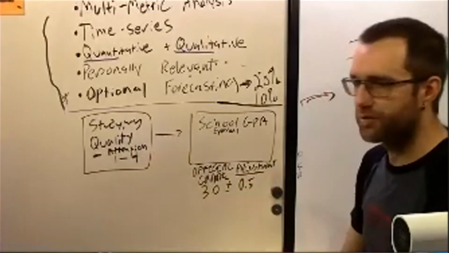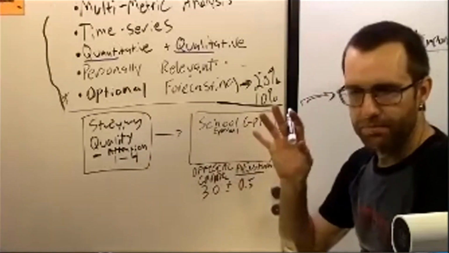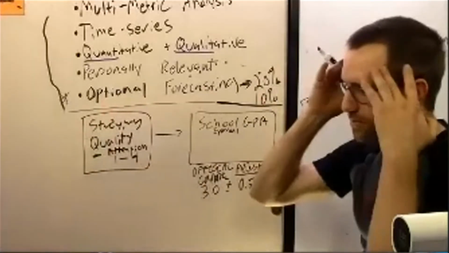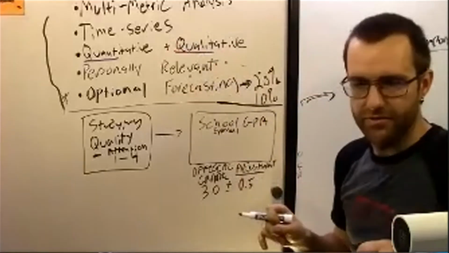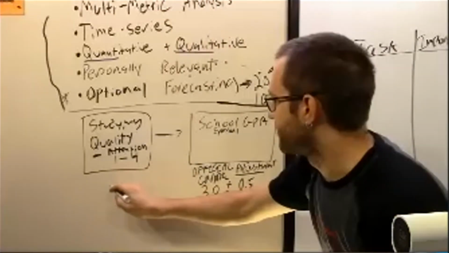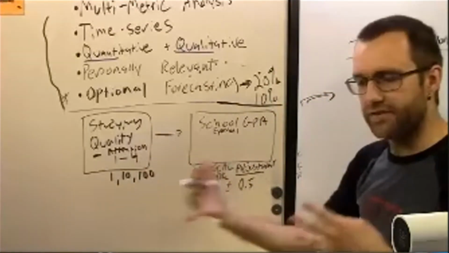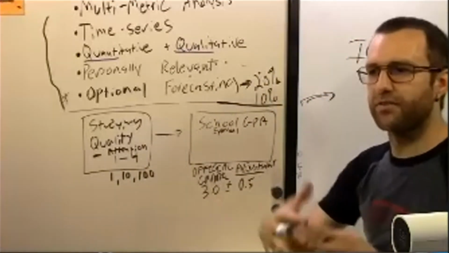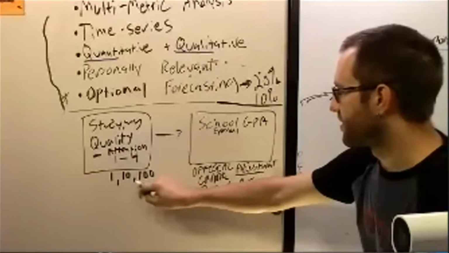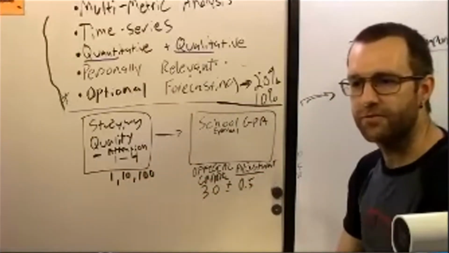If you feel like your range of attention goes from completely unable to keep your mind on something all the way to some sort of Csikszentmihalyi flow-like transcendent state, maybe it goes in factors of 1, 10, going up by orders of magnitude. That's going to be based on your qualitative experience of the range that you're trying to capture. Is it fair to say you could be 100 times more focused than your least focused moment?